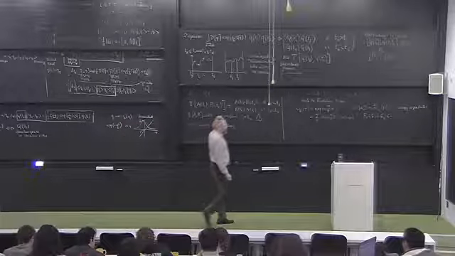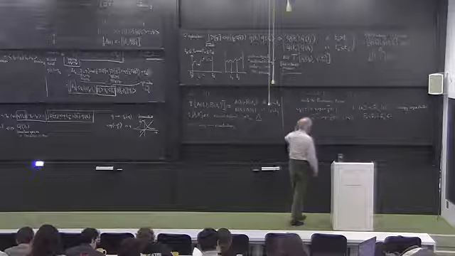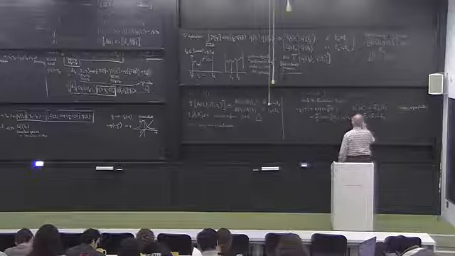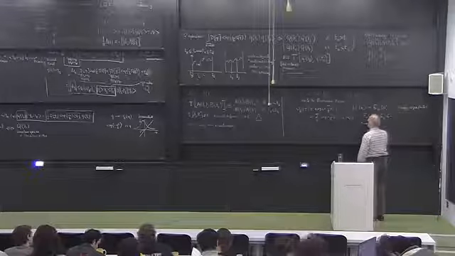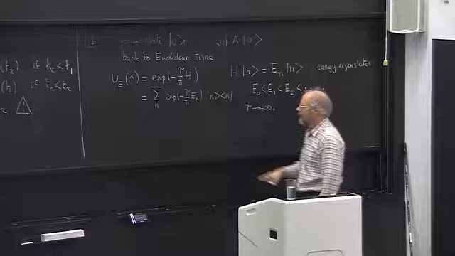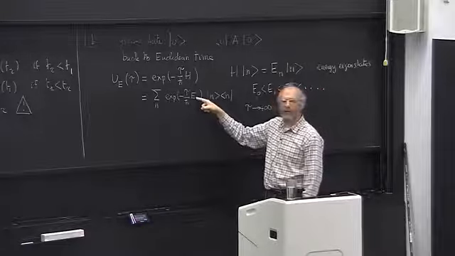Okay, so now you see immediately that when tau goes to plus infinity, the dominant term is the term such that this is the smallest.